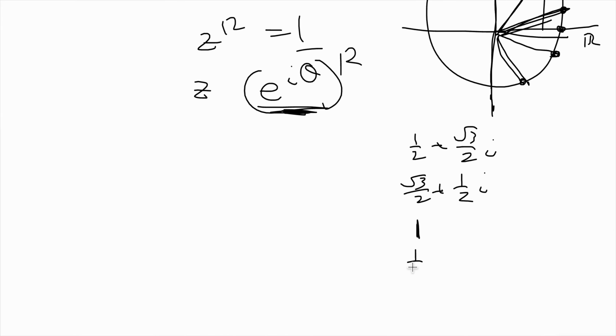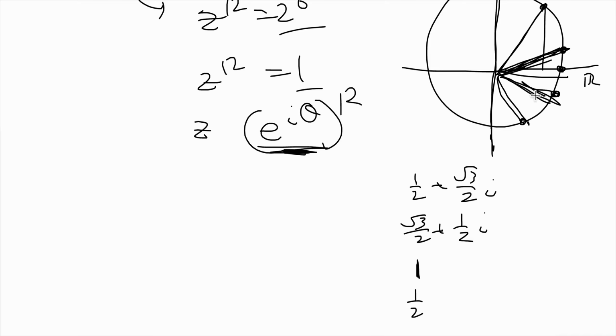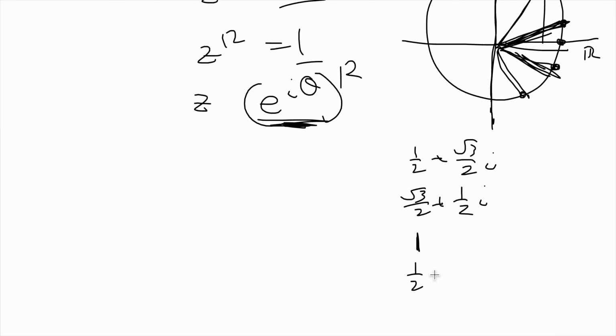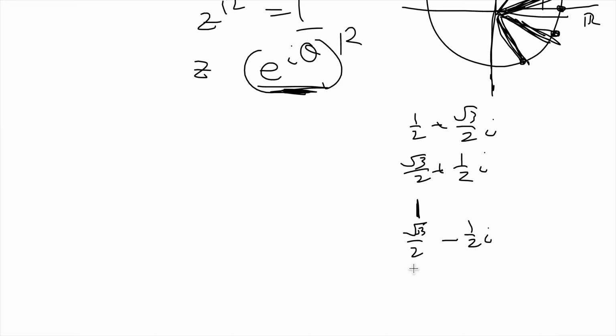And on the bottom here, we can notice that this is actually the opposite of this. This is the complex conjugate of this. So this is square root 3 over 2 minus 1/2 i. That's this one, it's the complex conjugate. And similarly, this one is the complex conjugate of this one, so this one is going to be 1/2 minus square root 3 over 2 i.